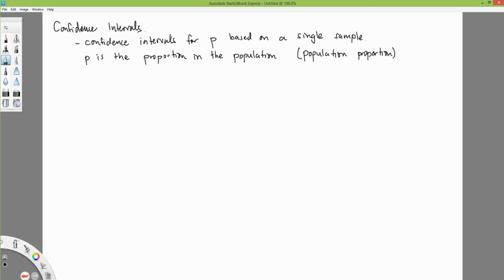What does that say about the proportion in the tub? Well, does that mean the proportion in the tub is exactly 33% orange? No.